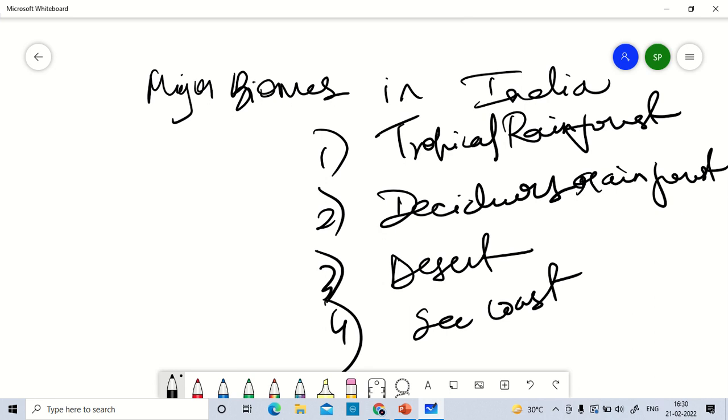Life exists not just in a few favorable habitats, but even in extreme and harsh habitats. In the Rajasthan desert, it's so hot over there, still life exists.